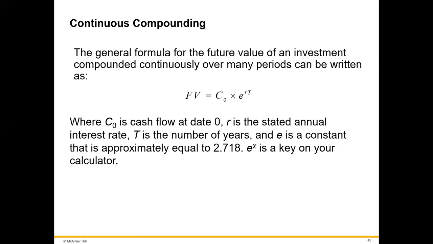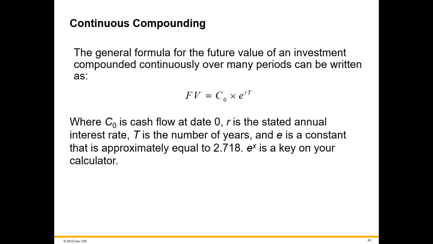And the rate she is continuously compounding is 10% for 1 year. What is the value of her wealth at the end of 1 year? So we're going to take that $1,000 times, and you're going to use that e to the x function on your calculator. So I'm going to hit that second button and the e, and then I'm going to put the interest rate in as 10.